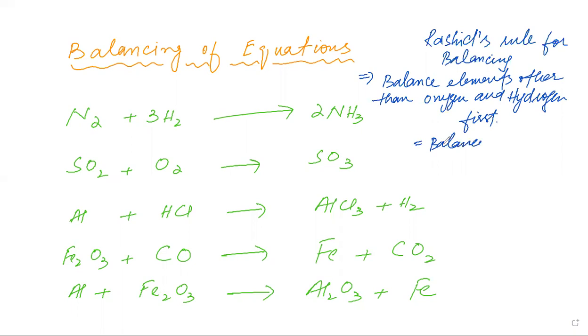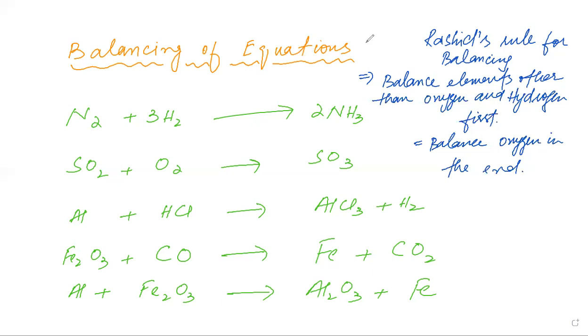Balance oxygen in the end. It means first we have to balance elements which are other than oxygen and hydrogen. Then we should balance hydrogen, and at the end we should balance oxygen. And in more than 90% of equations, you will find oxygen already balanced if you follow this rule.